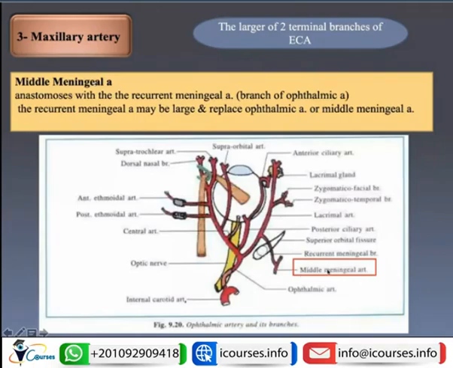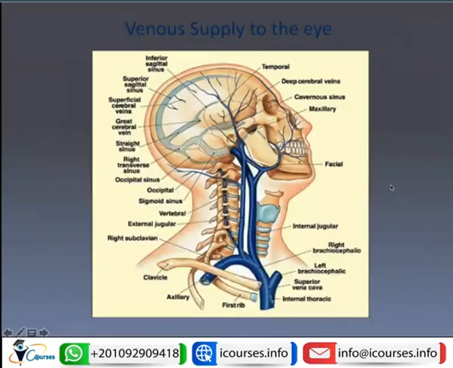We have just mentioned it when we said that the recurrent meningeal branch from the ophthalmic will anastomose with it. And sometimes the recurrent meningeal artery itself becomes large and replaces the ophthalmic artery or the middle meningeal artery. So this was the arterial supply of the eye.